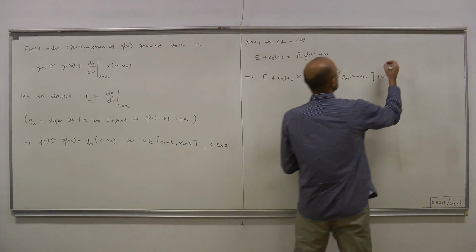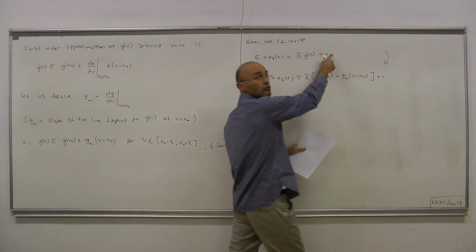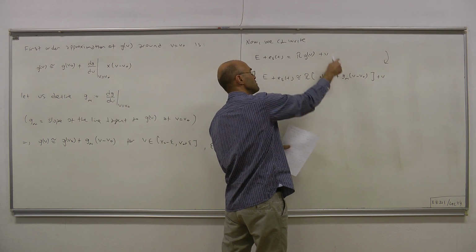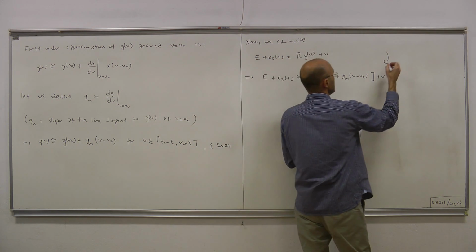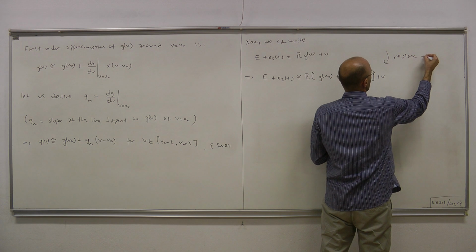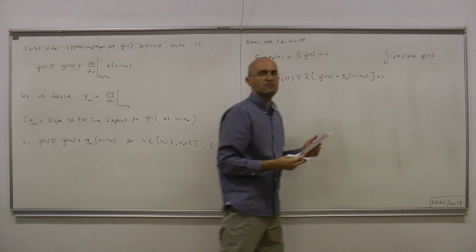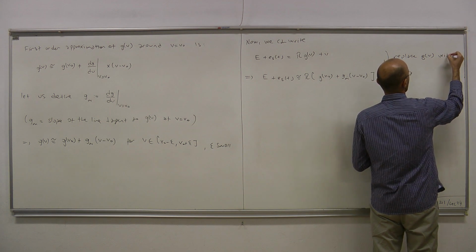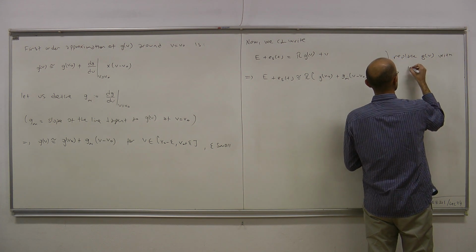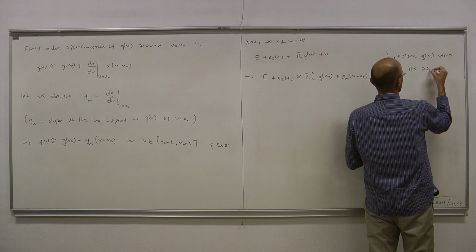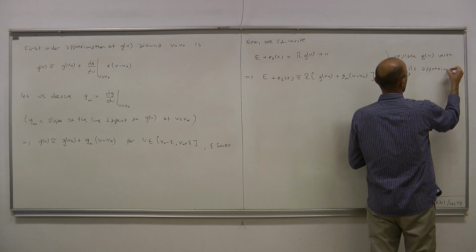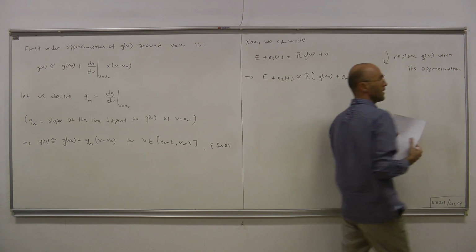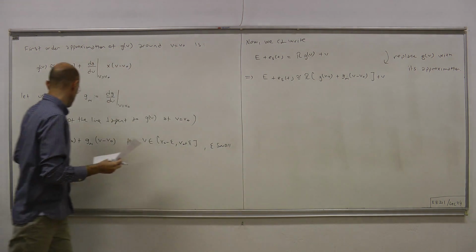So what we did, going from this step to that step, is we replaced G of V with its approximation around V0. And the approximation is here.